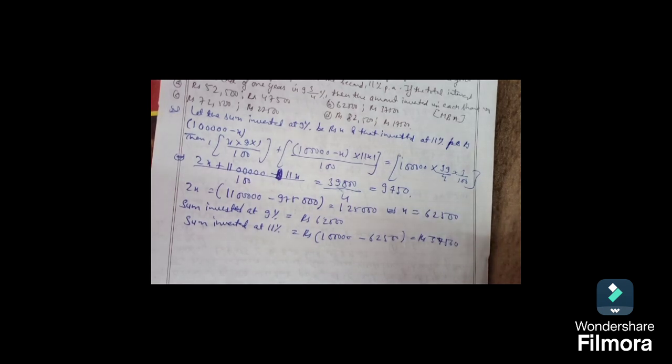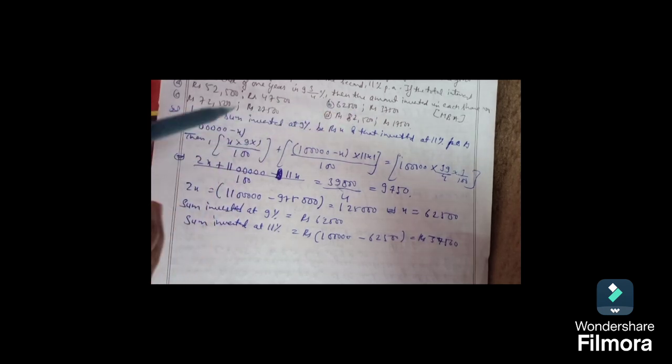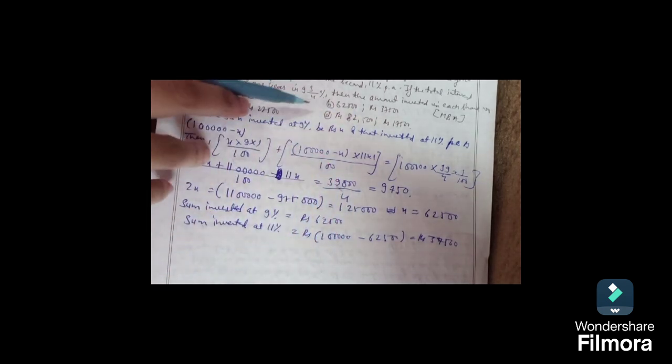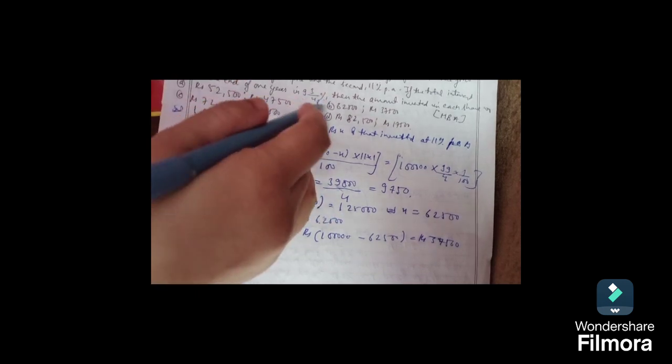Now we go for the option, that is 62,500 and 37,500 is your option B, which will be the right answer.